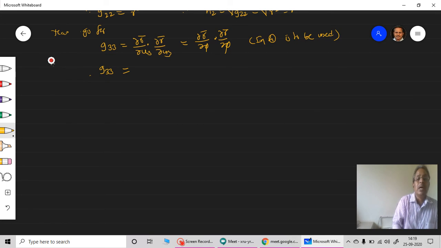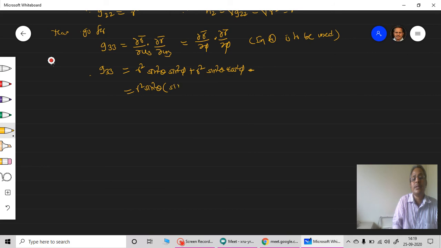That comes to be r² sin²θ sin²φ plus r² sin²θ cos²φ, that is the second term, and the last term is zero. So sin²θ is common, so r² sin²θ is common into the bracket sin²φ plus cos²φ.